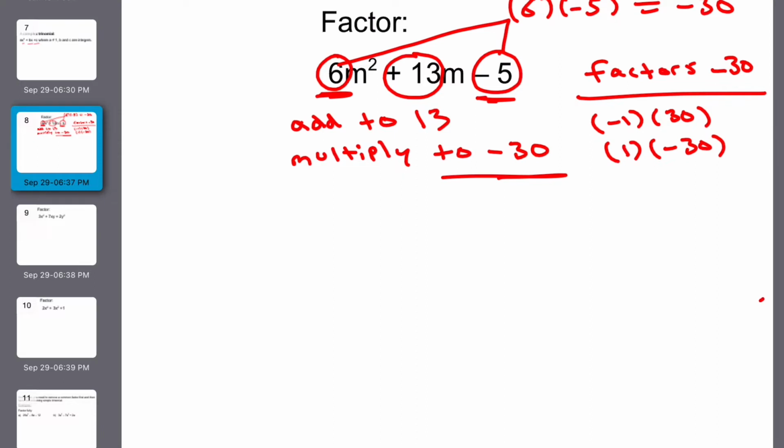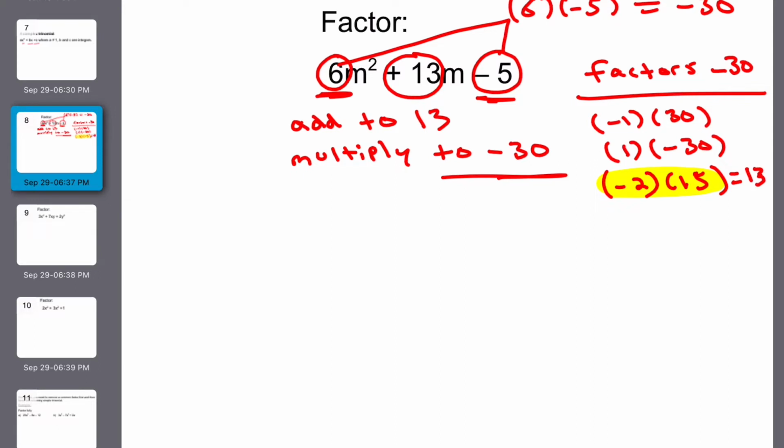We can do -2 and +15, and that actually adds to the +13 that we want. We could keep listing factors, but once we find the one that works, stop there. Why go extra? So -2 plus 15 does add to 13. Those are going to be our magic numbers this time.